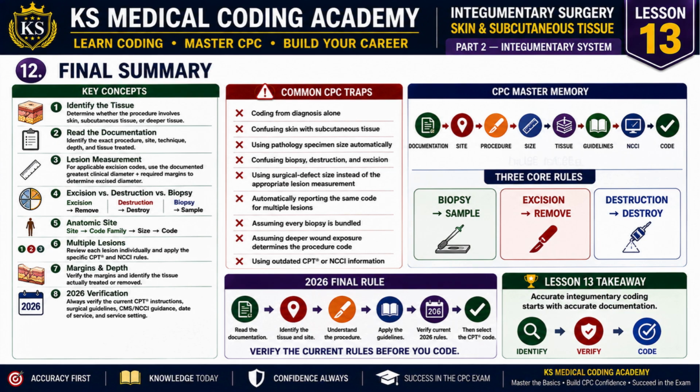Keep the three core concepts clear: biopsy → sample. Excision → remove. Destruction → destroy. For multiple lesions, review each lesion separately and apply the specific CAPTAIN and NCCI rules. Never assume that the same code should automatically be reported for every lesion.